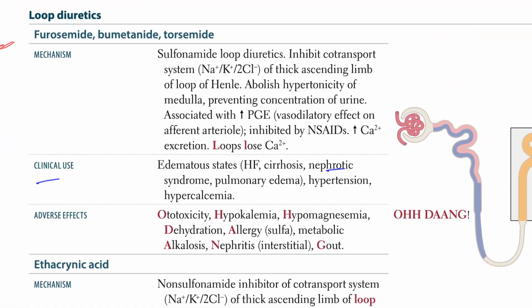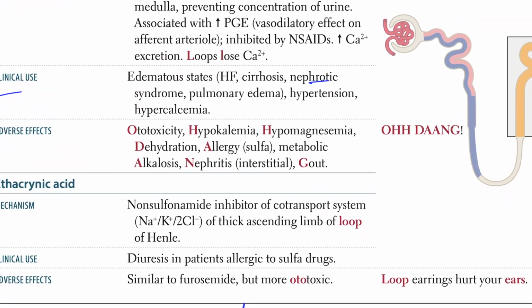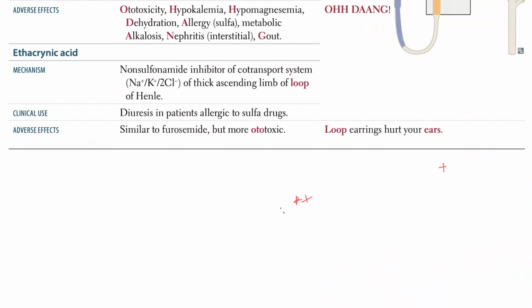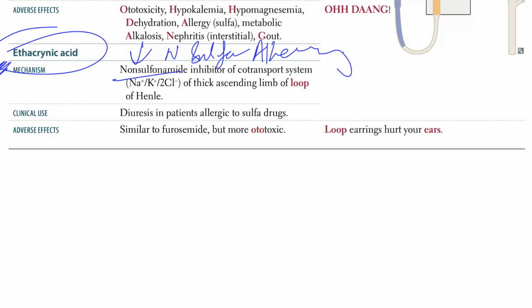So that's what we have for furosemide. Among the loop diuretics, we have a drug called ethacrynic acid, which is non-sulfonamide, meaning it's not going to give you a sulfa allergic reaction. This is the only diuretic that won't cause an allergic reaction, because it is a non-sulfa inhibitor of the cotransport system.